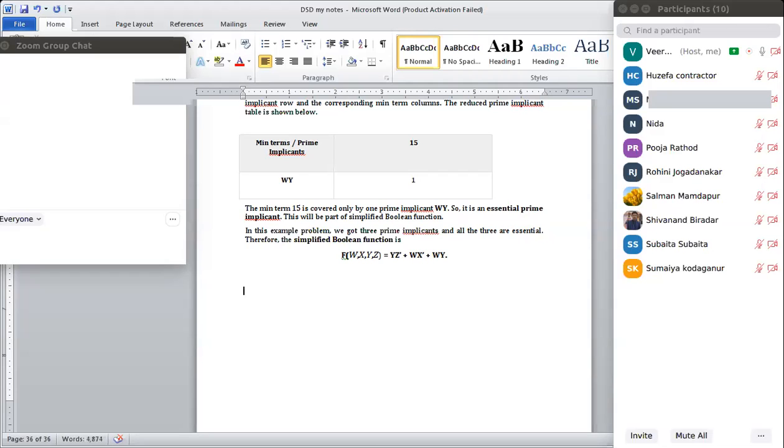So out of this function, what was the function? Summation of 2, 6, 8, 9, 10, 14, 15.